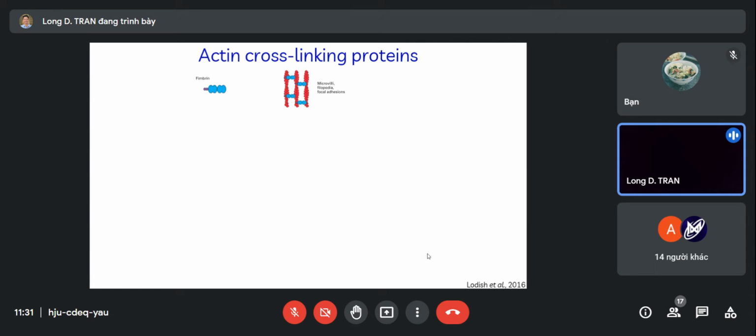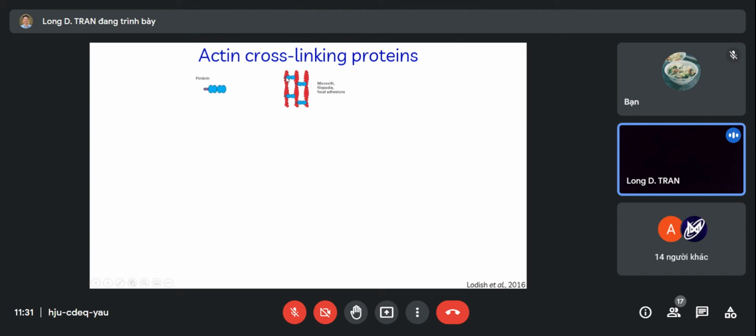The actin inside the cell does not exist as a single filament, but usually combines together to form bundles. One of the proteins involved in bundling actin is called an actin cross-linking protein. One of them is fimbrin. Fimbrin has two actin-binding domains in blue and a calcium-binding domain in purple.